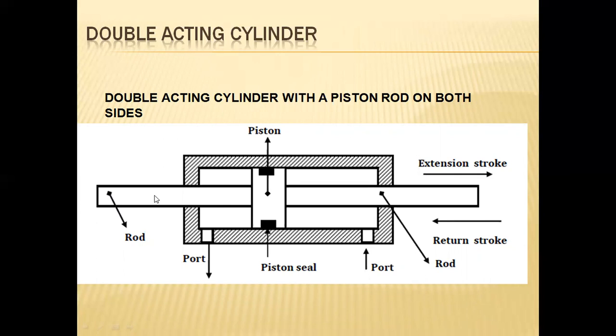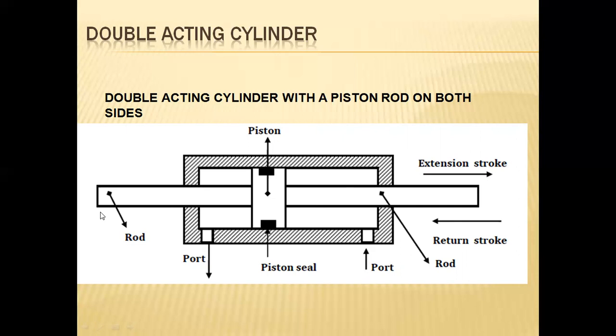While moving in the forward direction, the left side piston acts as a contraction and the right side acts as a forward stroke. Simultaneously in the backward movement, the piston tending towards the right side acts as a return stroke, and the left side creates the extension stroke.